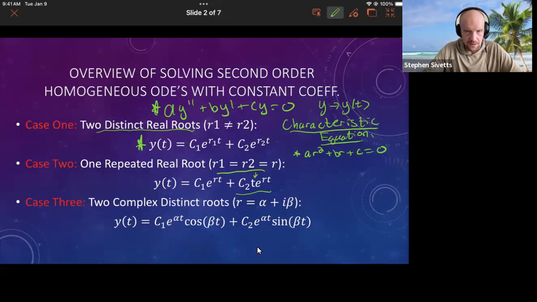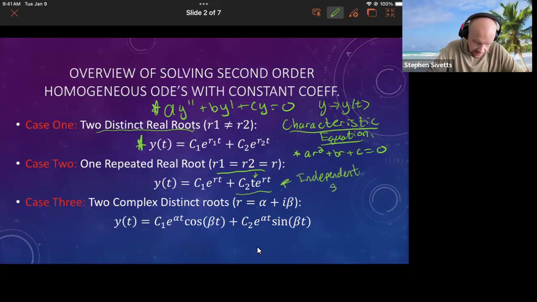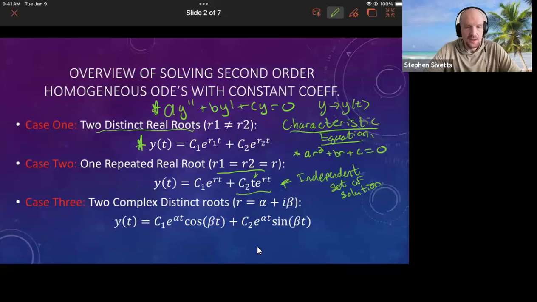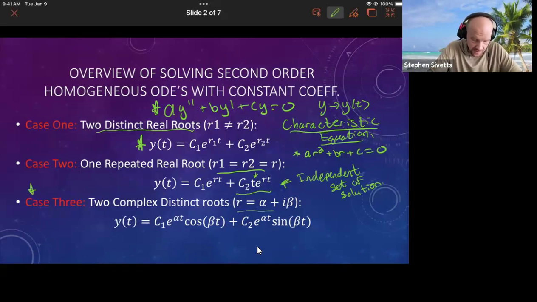This has to do with the fact that we have an independent set of solutions, which the Wronskian computes for. The other case is if we have two complex distinct roots, so if R is equal to alpha plus i beta.